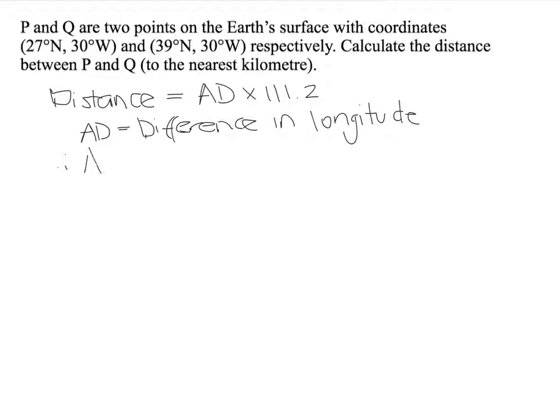Therefore, the angular distance is going to equal the second latitude minus the first latitude, and that's going to be 39 degrees. As you can see here, 39 and 27, so that's where I'm going to get them, minus 27 degrees, and that's going to give me 12 degrees.